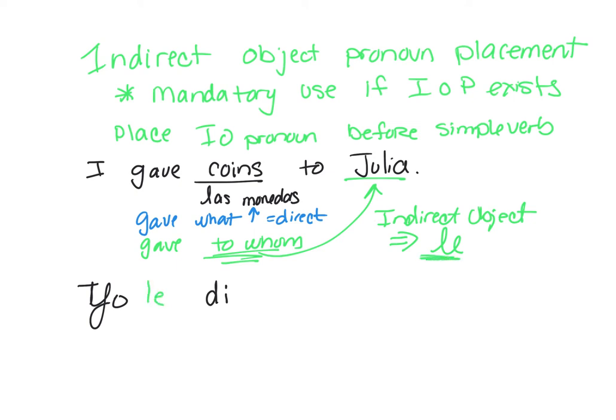I'm going to put right here because I need to put the pronoun before my simple verb. My verb is here, the. So yo le di. And then I'm going to leave las monedas in noun form. Las monedas. Because I have the option with my direct objects to leave them in noun or pronoun form. So I'm going to leave it in noun form so it's not complicated. So, yo le di las monedas.